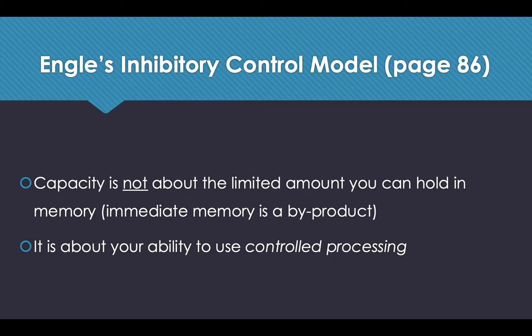The term can be applied to a precise physiological mechanism or to a more general phenomenon, as in proactive or retroactive interference. The level of activation associated with a trace is actively reduced to diminish its accessibility, so you're unable to retrieve it. Now, Engle proposed that capacity is not about the limited amount you can hold in your memory. Rather, it's about your ability to use controlled processing.